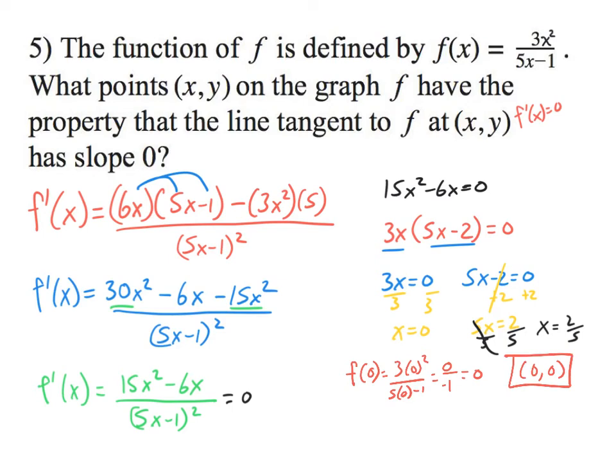All right. The next one's a little bit trickier because I now have to find f of 2/5. All right, f of 2/5. That'd be 3 times 2/5 squared over 5, sorry, I almost wrote that wrong, times 2/5 minus 1. So what does that give us? Well, let's simplify it out.